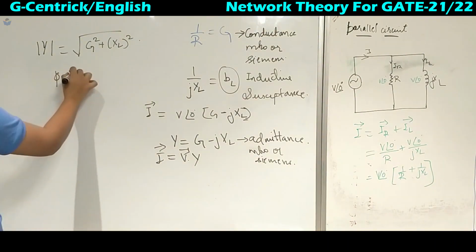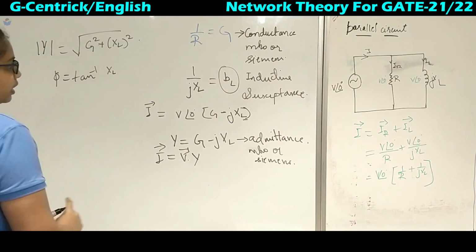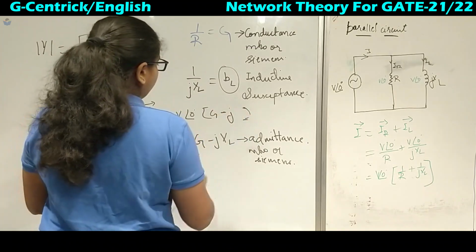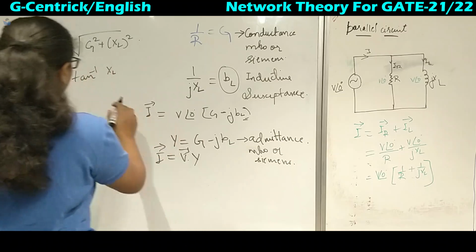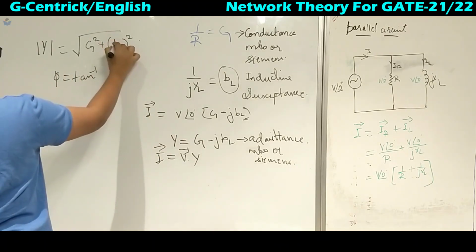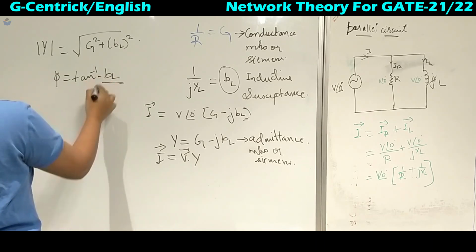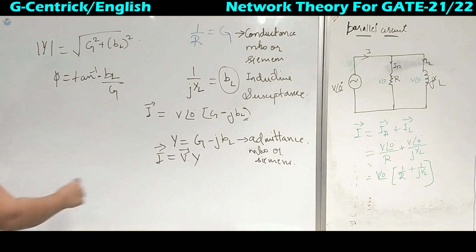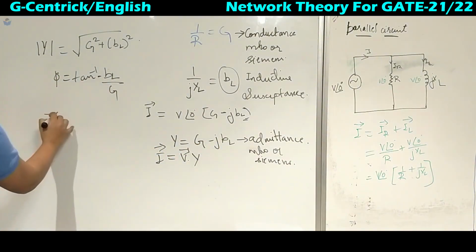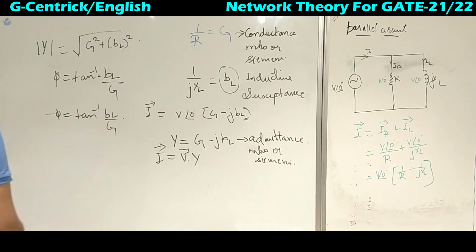What will be the phi? Tan inverse of minus BL upon G. Why is it minus? Because you have already got minus here. Now this minus will come out, tan inverse BL upon G.